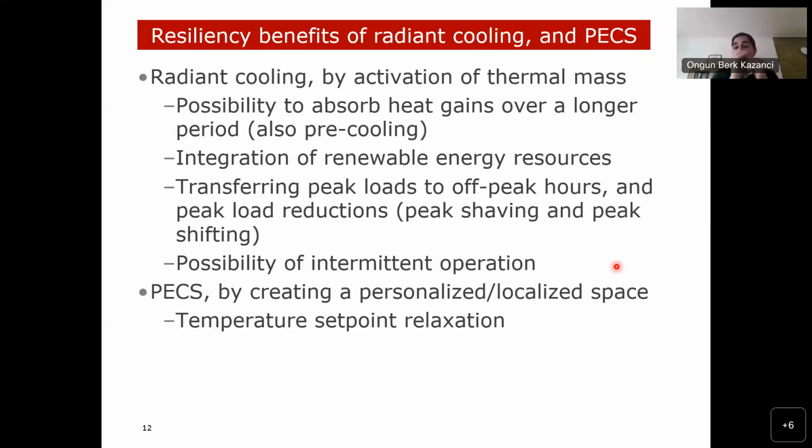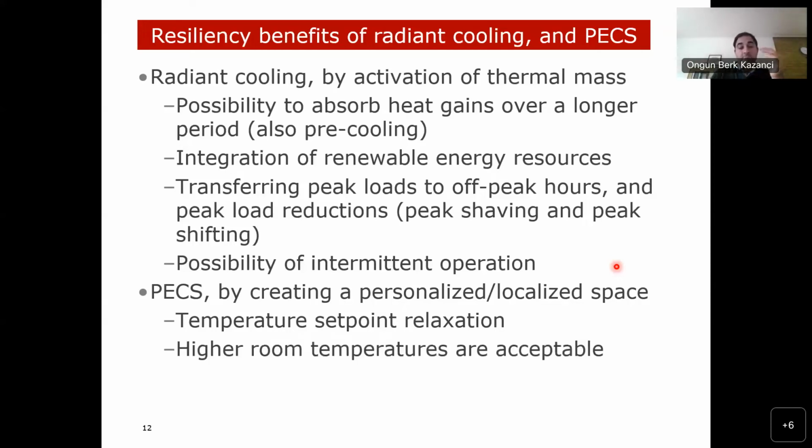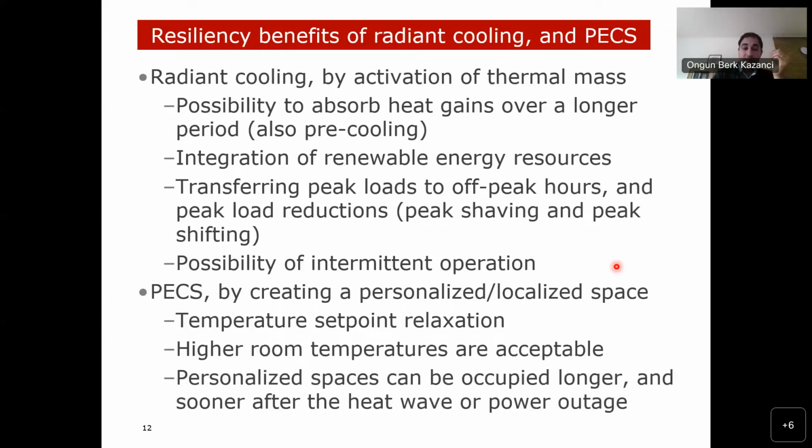And similarly in the heating season as well, which is especially relevant now with what's going on in terms of energy. Because people have this personalized space and control, higher room temperatures are acceptable. People are more accepting of this.